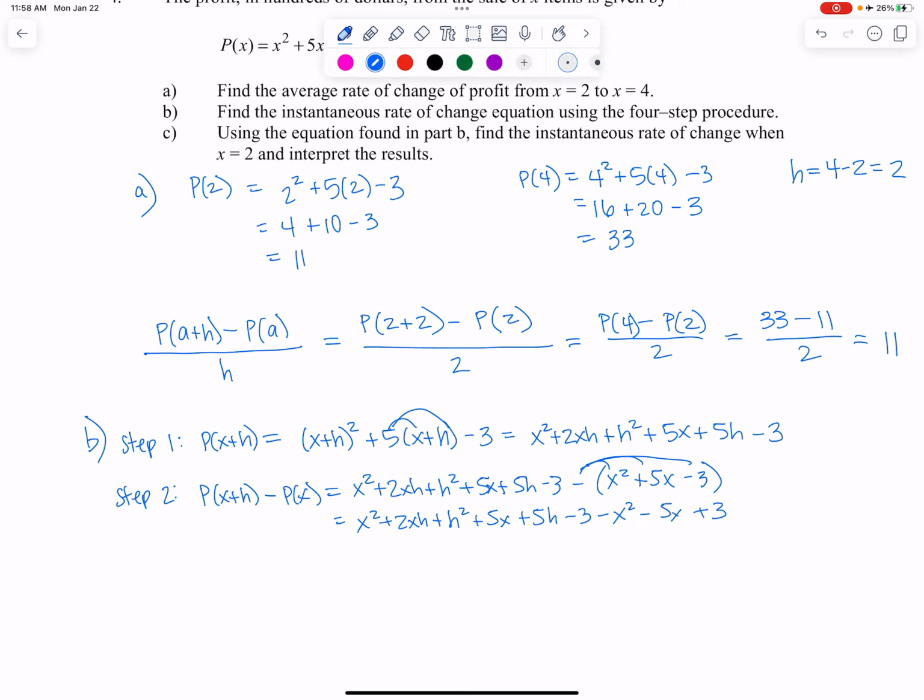And can we cancel anything? x squared minus x squared, 5x minus 5x, negative 3, positive 3. Awesome. 2xh plus h squared plus 5h, which makes step 3 great because we're dividing by h.